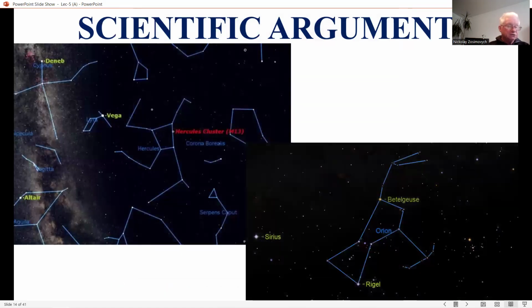How can 2 stars look the same in the sky but have dramatically different luminosities? You can answer this question by building a scientific argument that relates 3 factors: the appearance of a star, its true luminosity, and its distance.